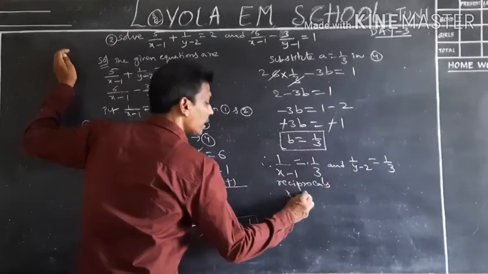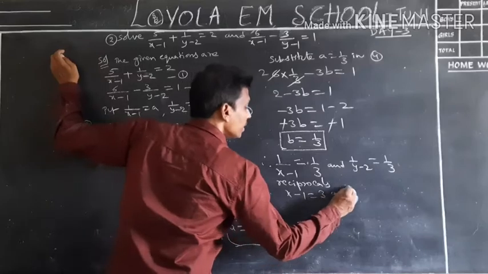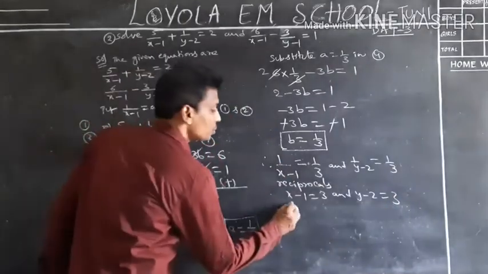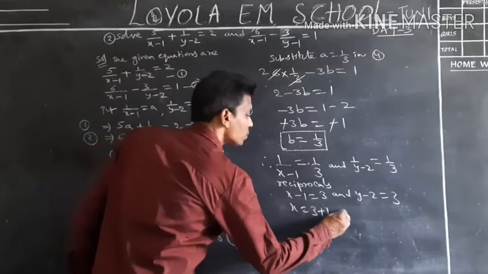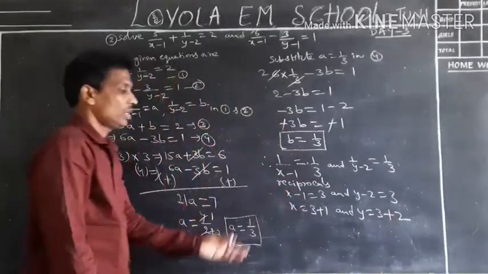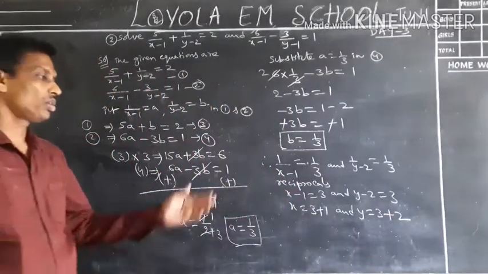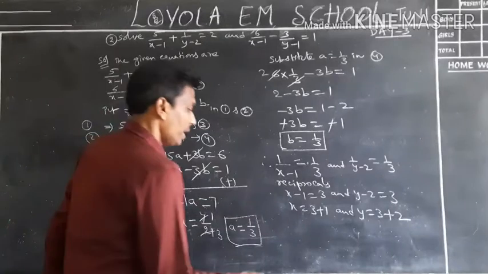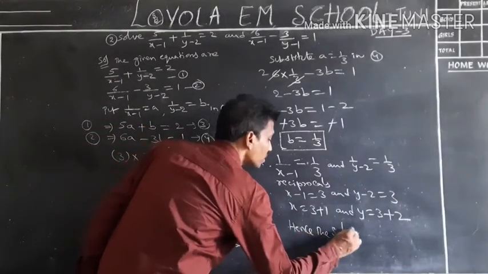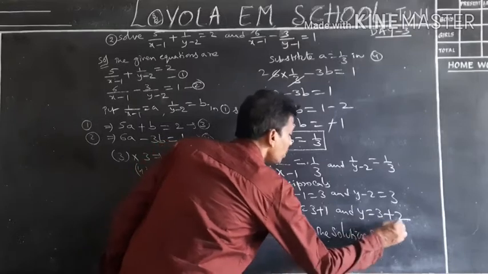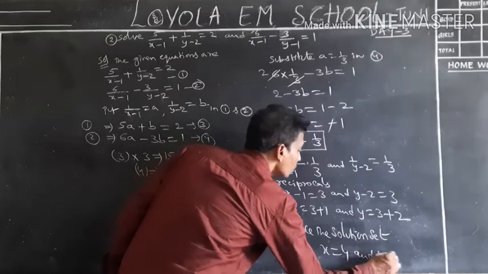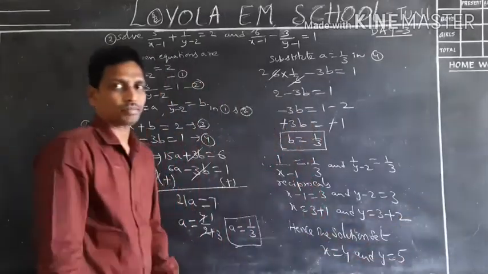Reciprocals are x minus 1 is equal to 3 and y minus 2 equal to 3. x is equal to what? 3 plus 1, and y is equal to 3 plus 2. So 3 plus 1 means 4, 3 plus 2 means 5. Hence the solution set x is equal to 4 and y is equal to 5.